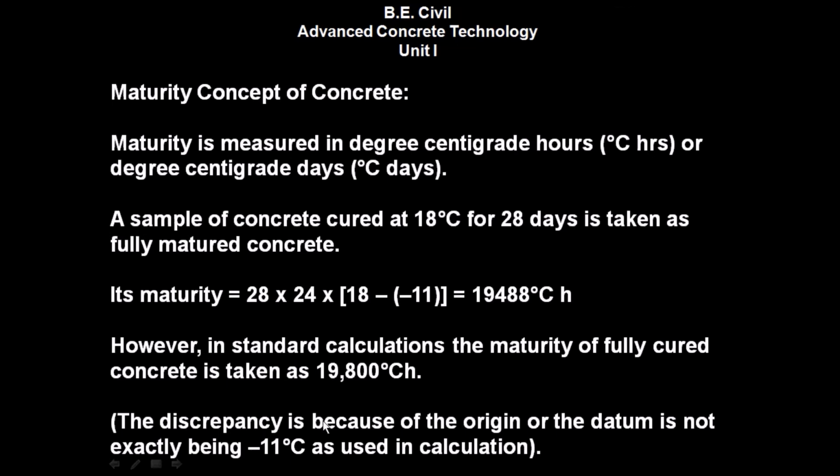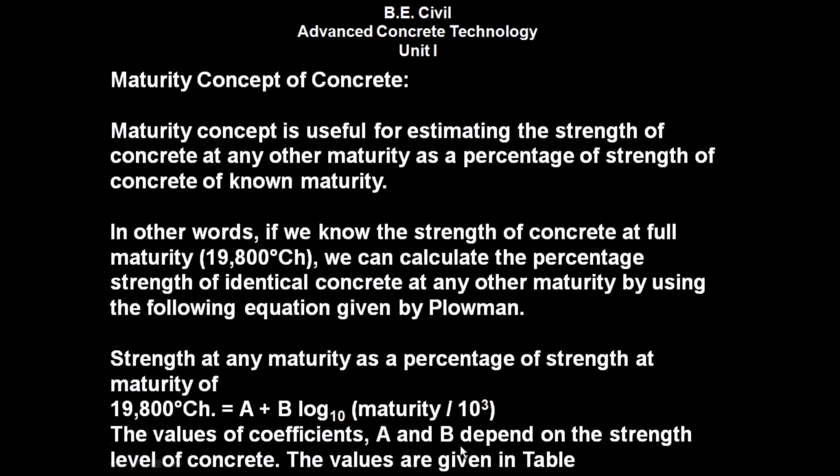The discrepancy is because the origin or the datum is not exactly minus 11 degrees Celsius as used in the calculations. So the maturity concept is useful for estimating the strength of the concrete at any other maturity as a percentage of the strength of the concrete of known maturity.